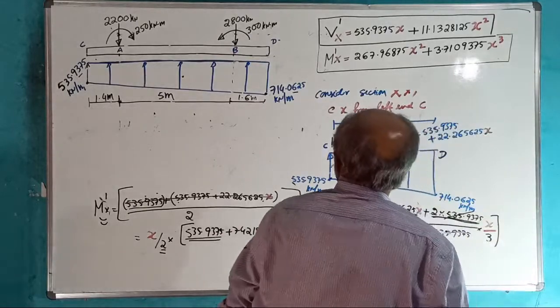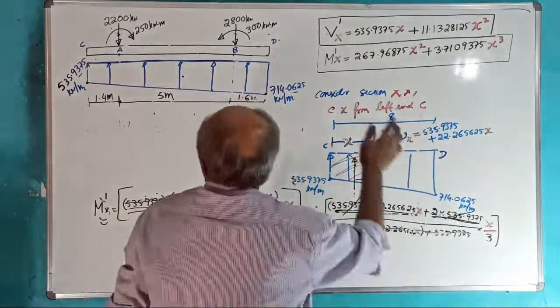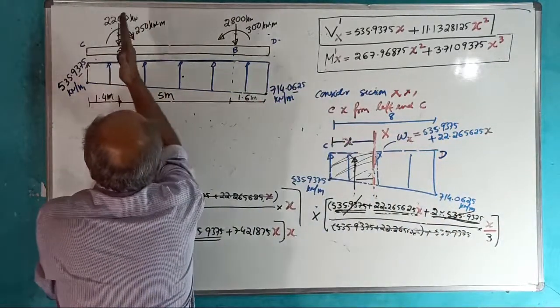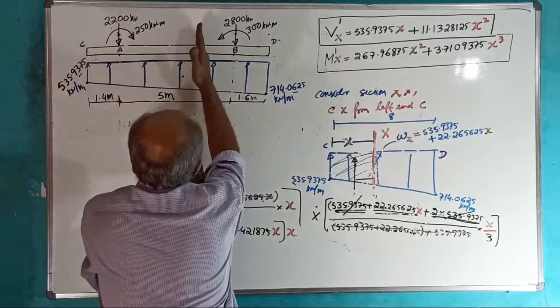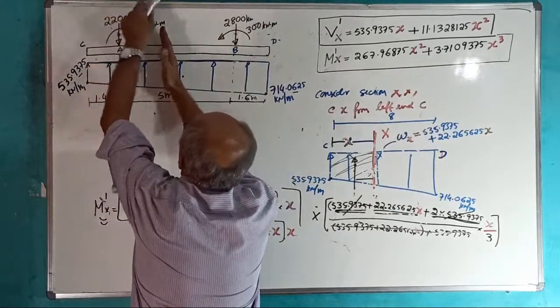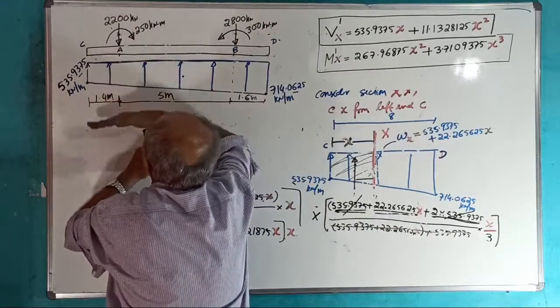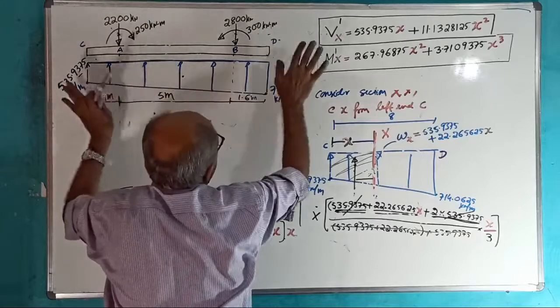Now remember, I will tell you last time, when you want shear force here or shear force here, wherever shear force is there, this loading side you have to see. If you want shear force or BM due to upward load, you don't calculate.